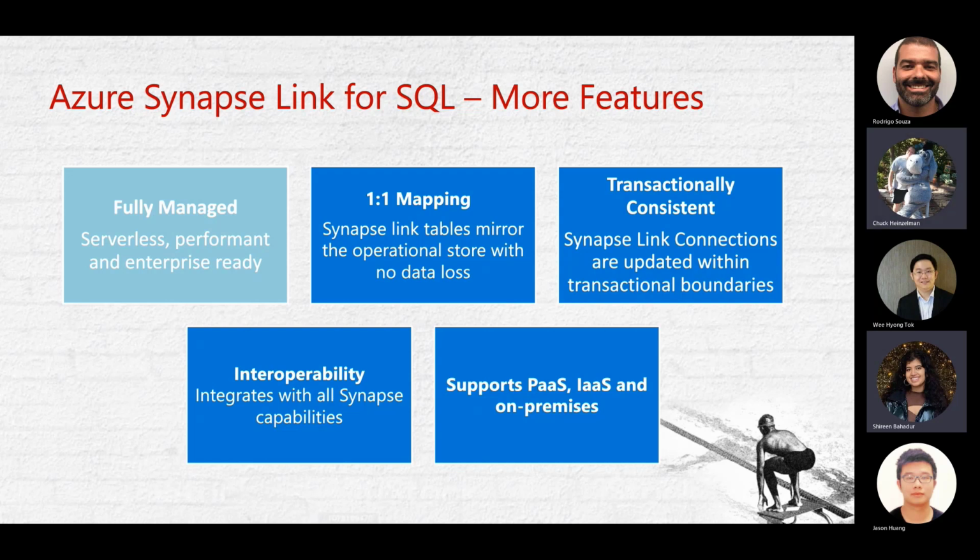It is, at that point, a Synapse dedicated SQL pool that just has your data in it, automatically replicated for you. And again, we support PaaS SQL DB, IaaS SQL Server running in a VM, or SQL Server running in your on-prem environment.